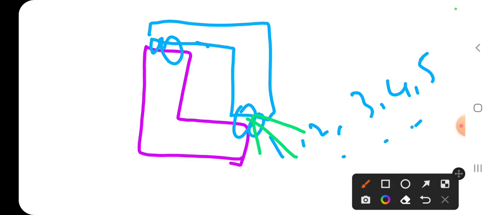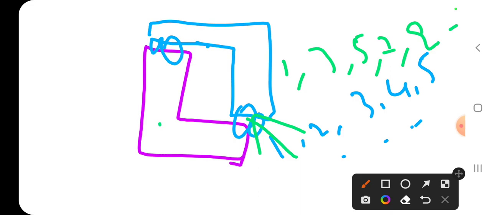In order to reduce the reluctance, what we do is this: for layers 1, 3, 5, 7, 9 like this, and for layers 2, 4, 6, 8 it will be reversed. Reverse in the sense like this.